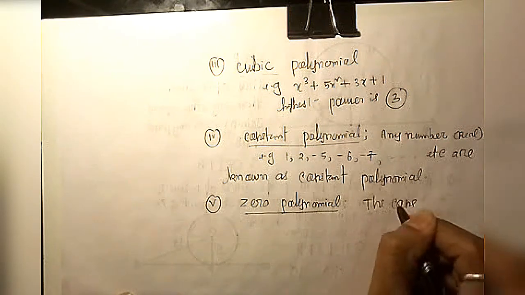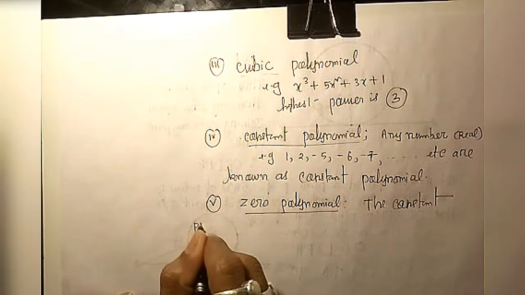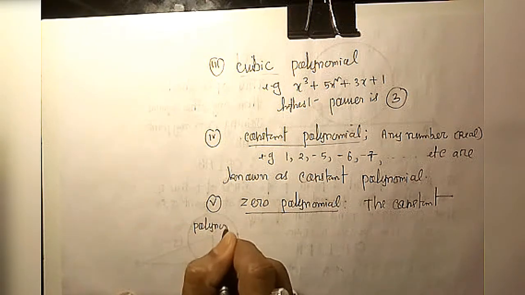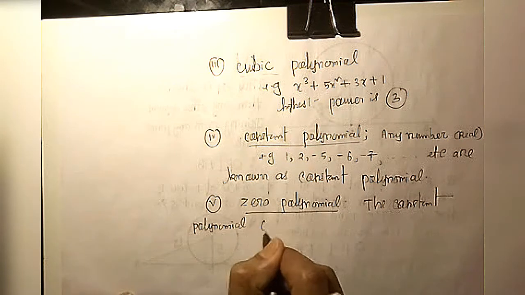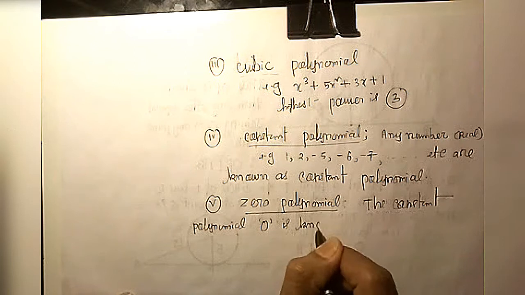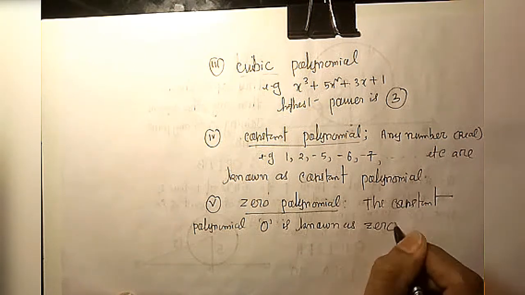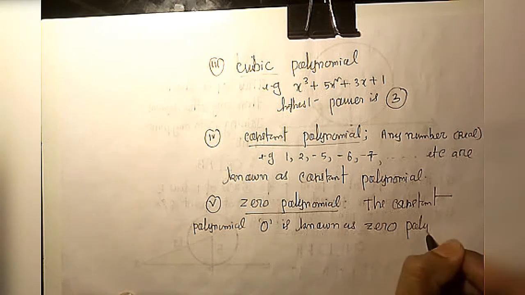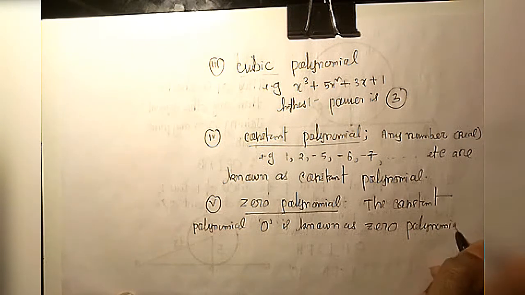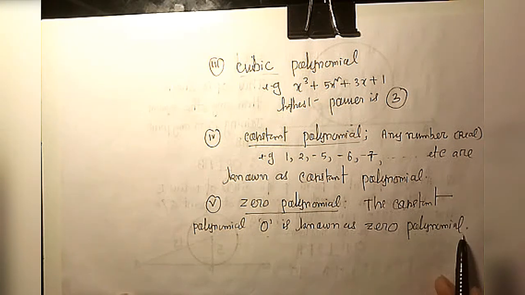The constant polynomial 0 is known as the zero polynomial. 0 is a real number, which is also a constant polynomial. This constant polynomial 0 is known as the zero polynomial.